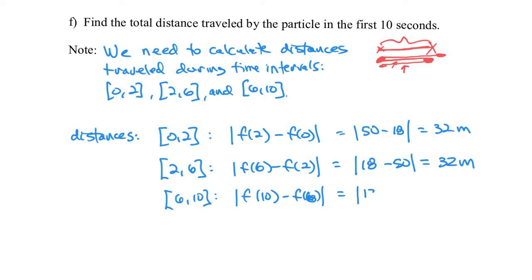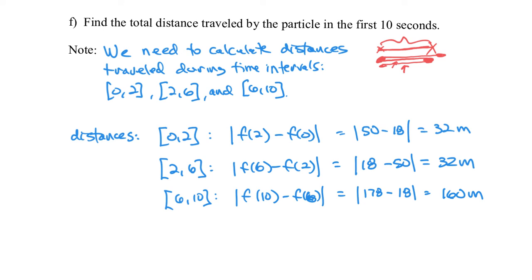So this is going to be 178 minus 18, which is our position at 6 seconds, and that gives us 160 meters. And just to make sure, f of 10 is our position function at 10 seconds. Go back to our original position function, t cubed minus 12t squared plus 36t plus 18. Plug in 10 to that function to get 178.